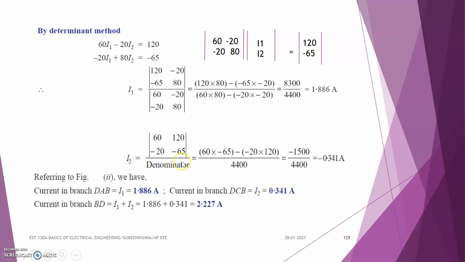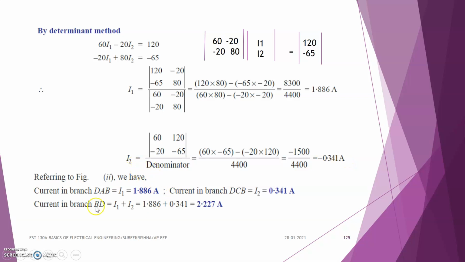So the first column, 60, minus 20, is the same as in the original matrix. The second column is replaced by 120, minus 65, divided by the same denominator, that is 60, minus 20, minus 20, 80. So we get minus 0.341 ampere for I2.